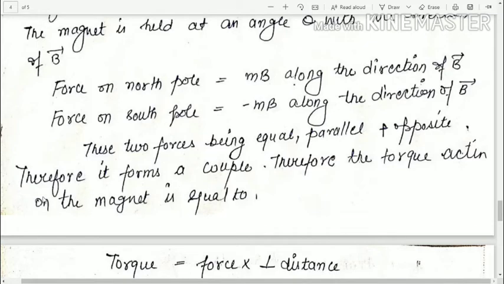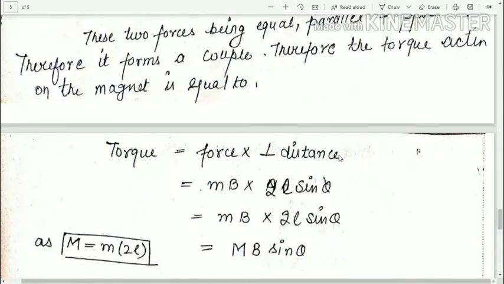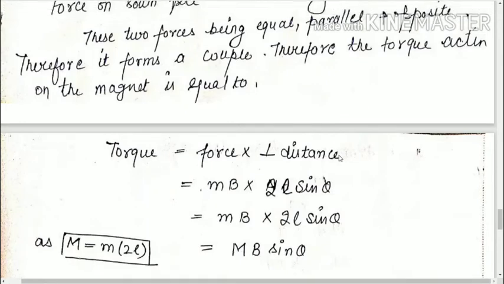Therefore, the torque acting on the magnet is equal to force into perpendicular distance. Similarly, when you open a tap, turning the tap with your fingers acts as a torque to open and close the tap. So torque is equal to the force into perpendicular distance.